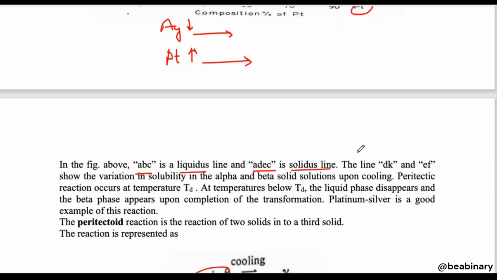The lines DK and EF show the variation in the solubility in the alpha and beta solid solutions upon cooling.